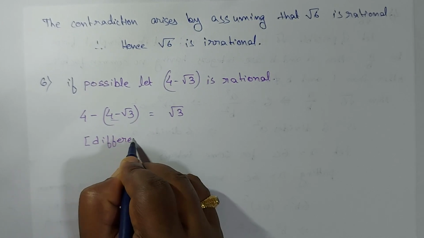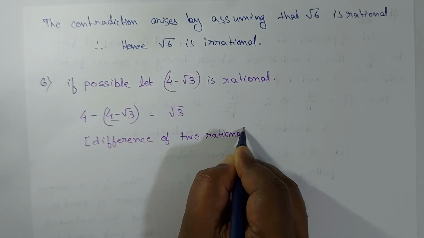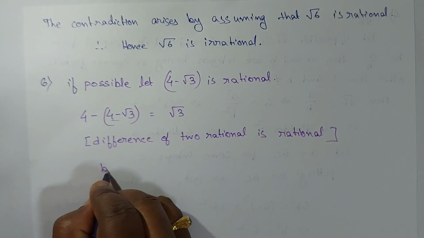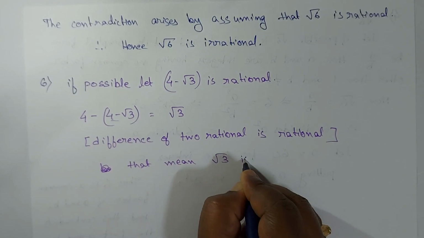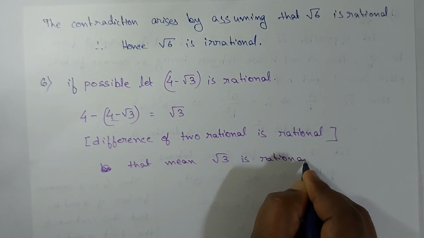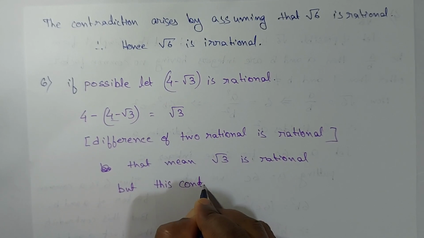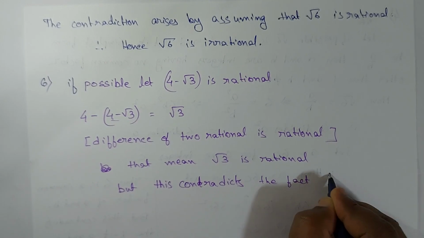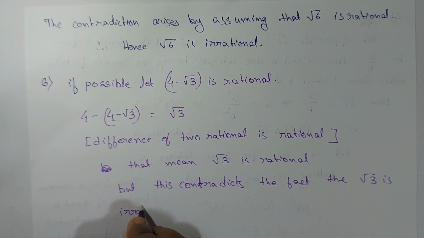Since we assumed that 4 minus root 3 is a rational number, and the difference of two rational numbers is a rational number, that means root 3 is rational. But this contradicts the fact that root 3 is irrational.